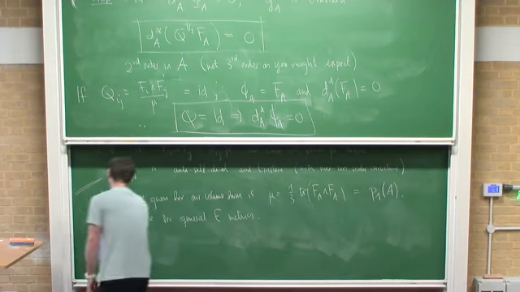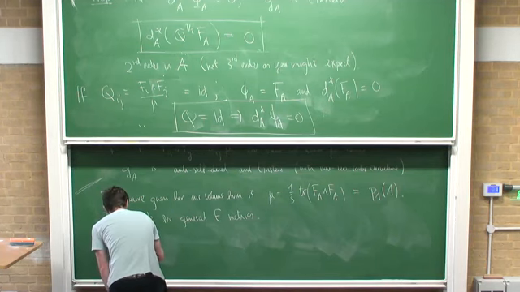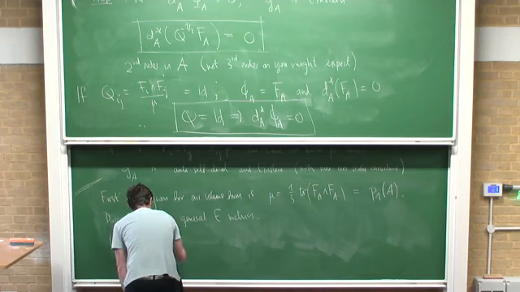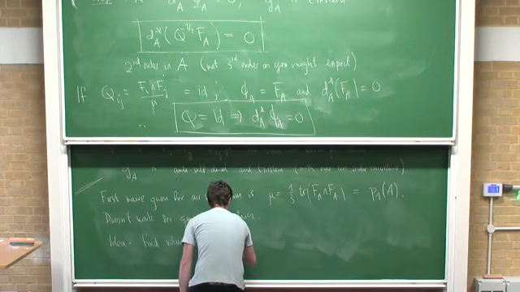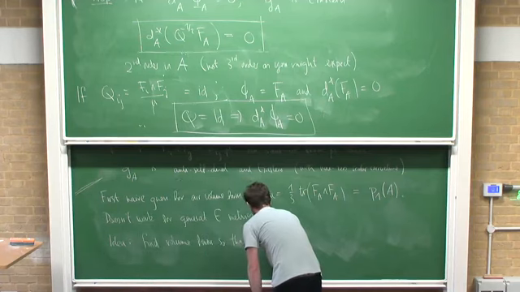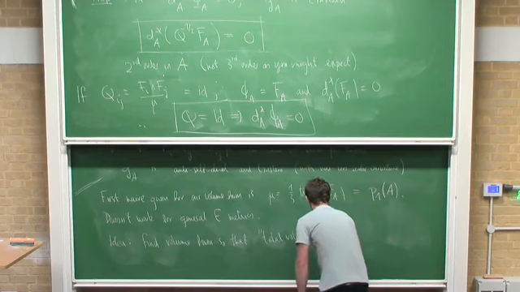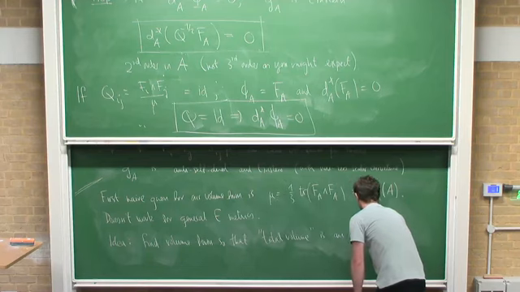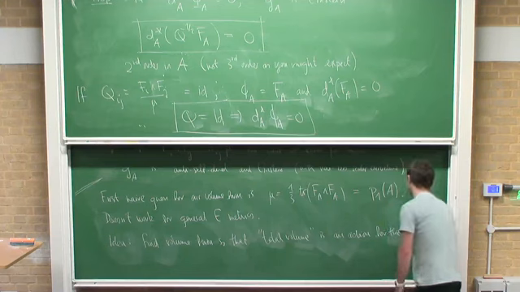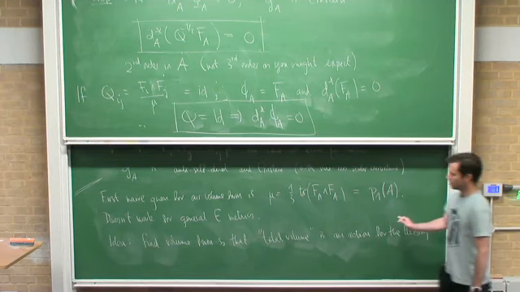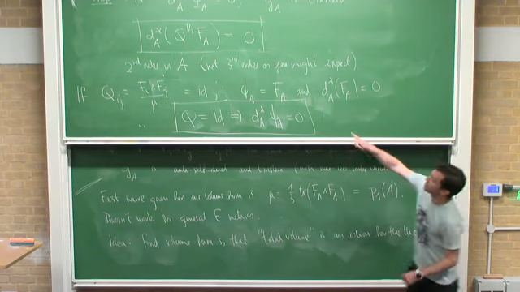So the idea: find a volume form so that the total volume is an action for the theory. I want to choose this volume form in such a way that when I write down the total volume of the manifold, the critical points of that action functional are exactly this equation up here.